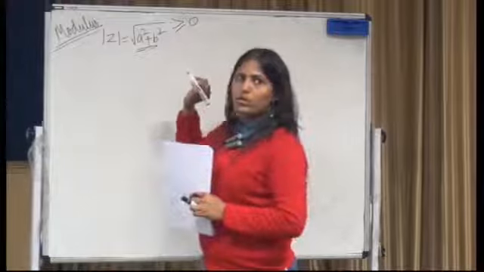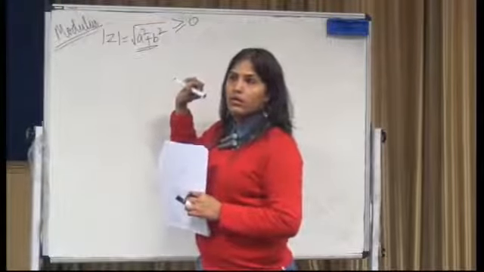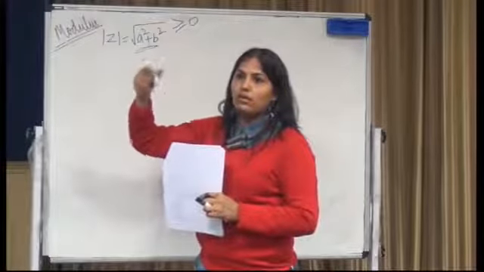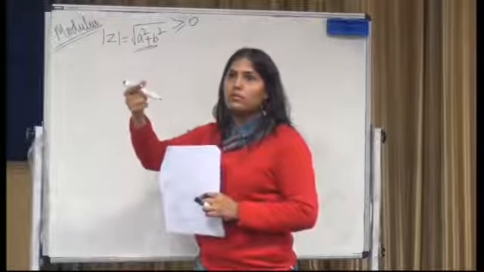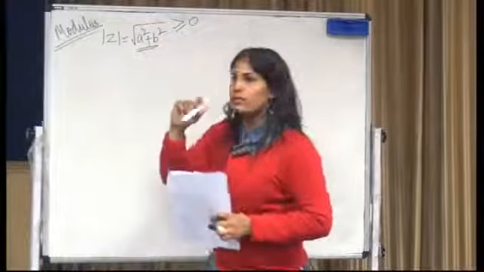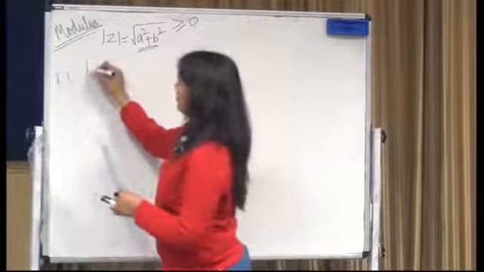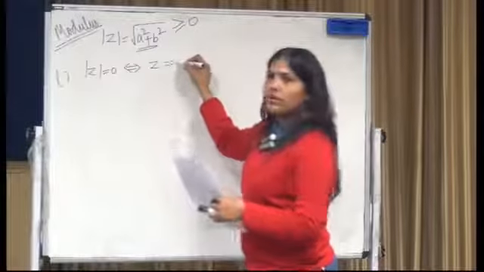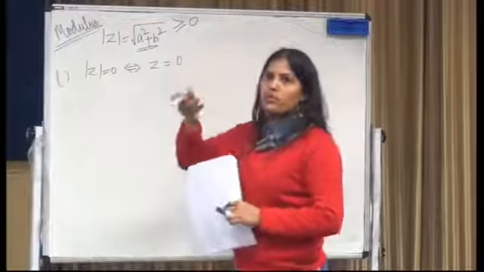Fine. When will it be 0? Quickly tell me, when is a complex number 0? Yes, both are 0. So the first property is mod z is 0 if and only if z is 0, and you easily figure it out actually.